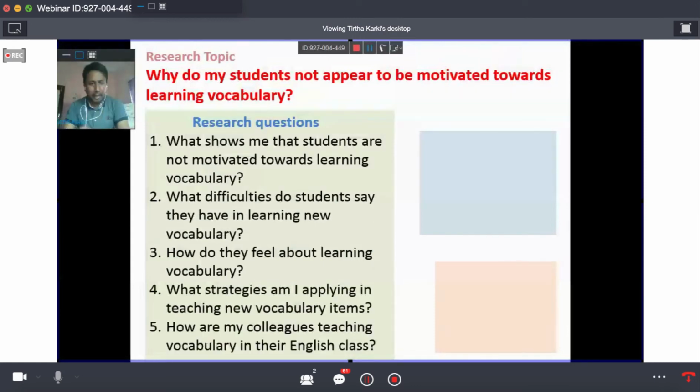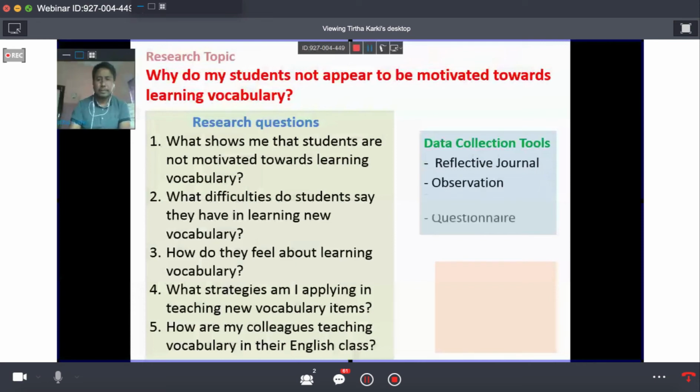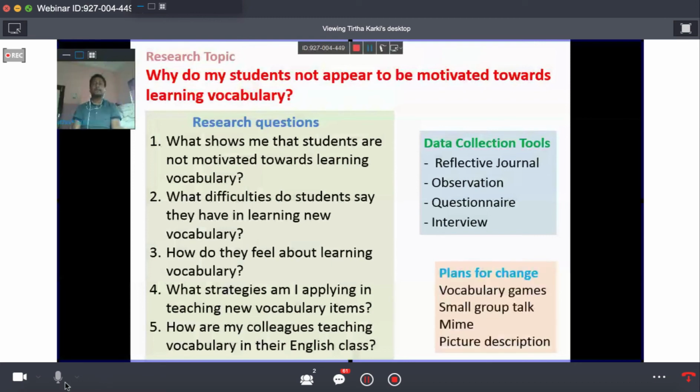And how are my colleagues teaching vocabulary in their English class? So these were the research questions she wanted to answer to understand her problem in depth before she implemented any intervention strategies. Then her research tools were reflective journal, which is self-reflection, classroom observation, questionnaire for the students, interview with the colleagues, and again interview with the students, and her plan for action.